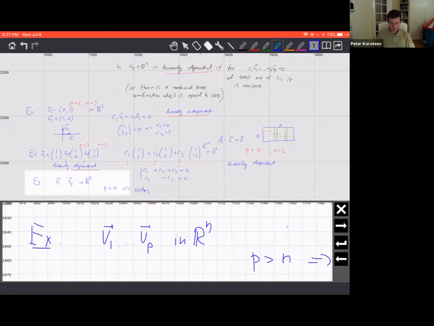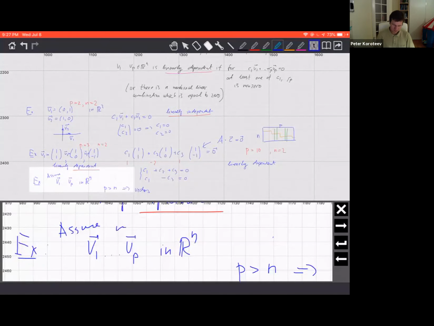We need to assume that these vectors are not pairwise parallel to each other. Otherwise, if they're parallel, you can remove one of them from the set. It will not change the outcome.